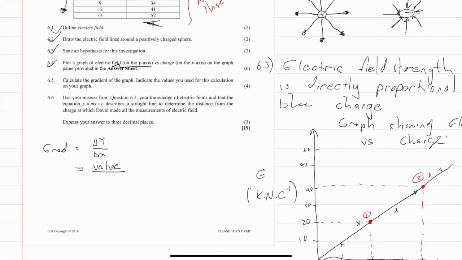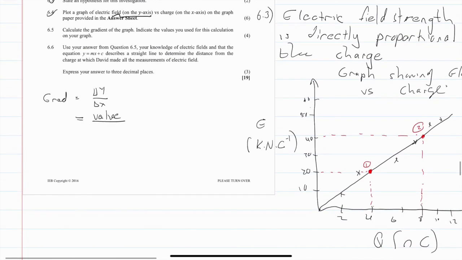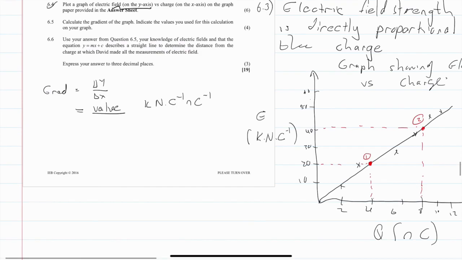Okay, and we will have some weird units. It's going to be change in y, so it's going to be kilonewtons per coulomb, divided by nanocoulombs, so nanocoulombs to the minus 1. I hope that makes sense, the units.